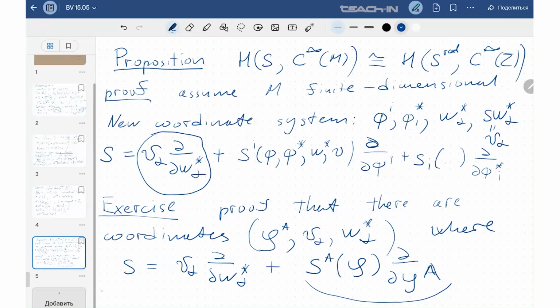And the hint is look for phi in the form of formal series in W and V. Let's say some initial, which is just phi star plus V on something plus W on something. And then you can do a recursive proof showing the existence of such a coordinate. That's an exercise.